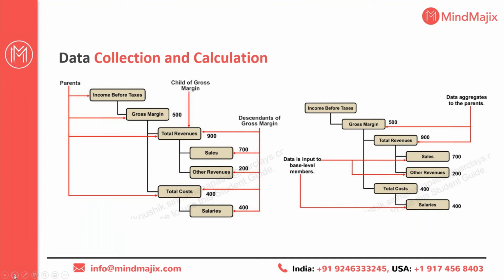Below that you have gross margin, which calculates what gross margin I'm getting out of this. Within the gross margin you have two children called total revenues and total costs. Total revenues also have descendants called sales or other revenues, and total costs have a descendant as salaries. So let's see how the numbers get aggregated to the parents.